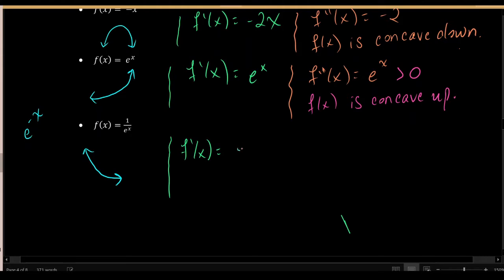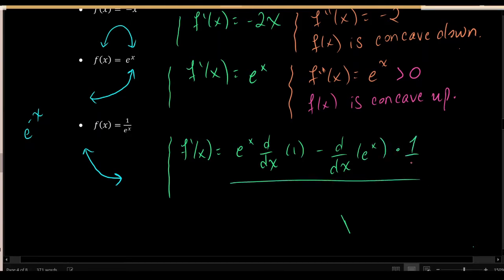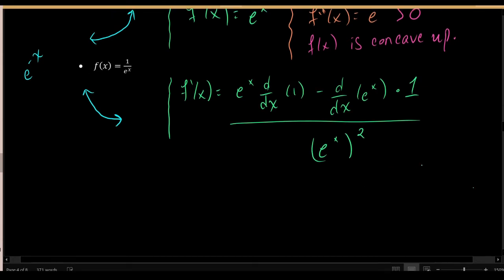So we would say the bottom function times the derivative of the top function minus the derivative of the top function times the bottom function, all over the bottom function squared. So if I clean this up a little bit, I know that the derivative of 1 is equal to 0.